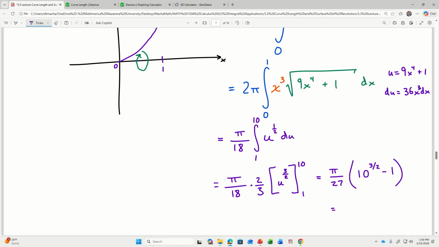And now I want to know, what is pi divided by 27 times 10 to the 3/2 minus 1? About 3.563.